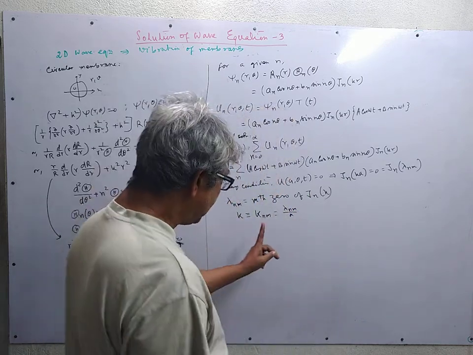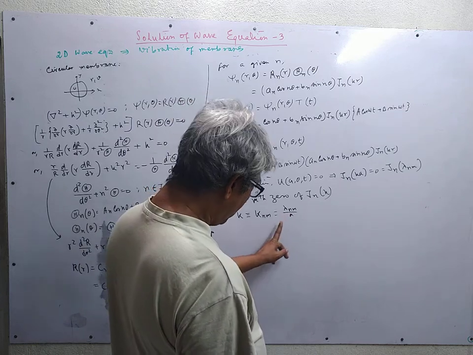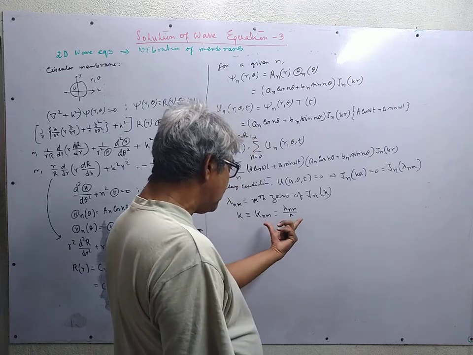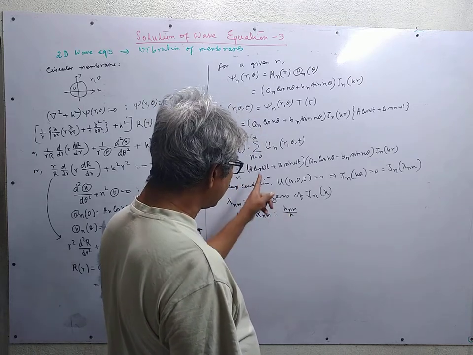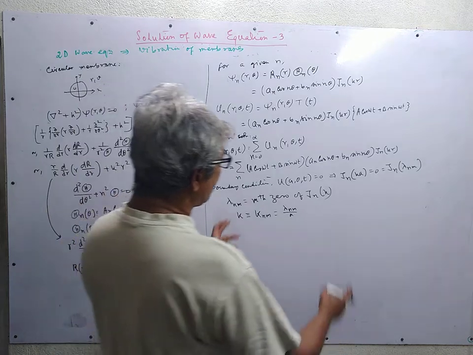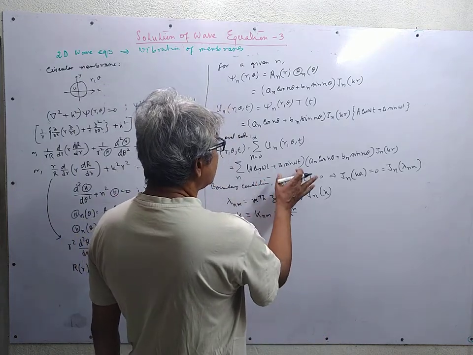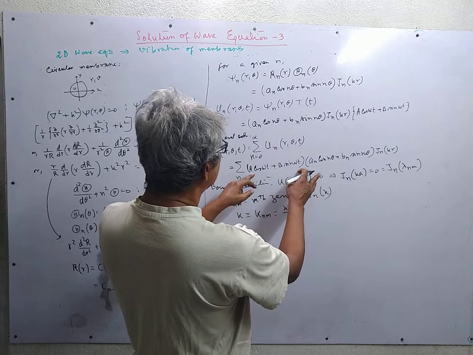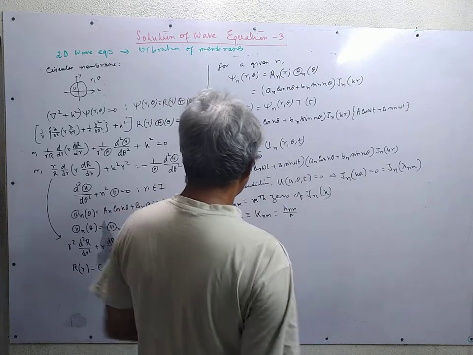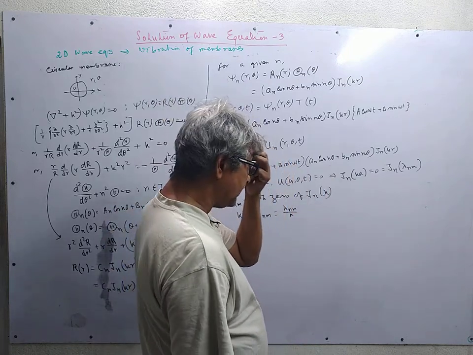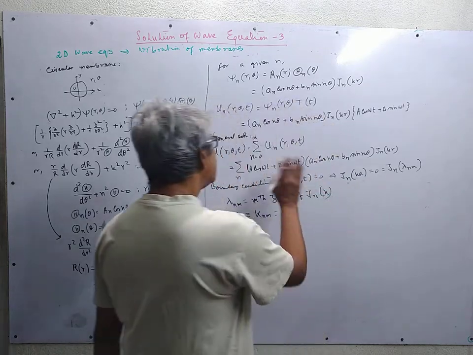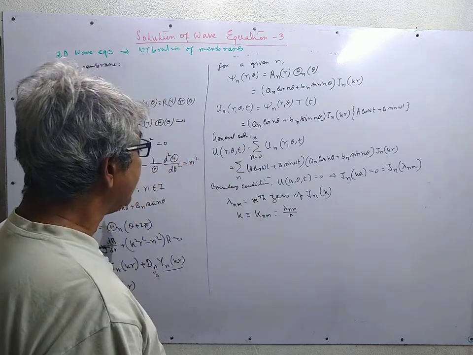Since k is quantized, although not as simple as we obtained in the case of the rectangular membrane, still it is quantized. Since k is quantized, omega also has quantized values. At first sight, it appeared foolish to include omega within the summation sign, but since k comes out to have quantized values given by the zeros of the Bessel function of integral order, consequently omega_n will also be quantized.